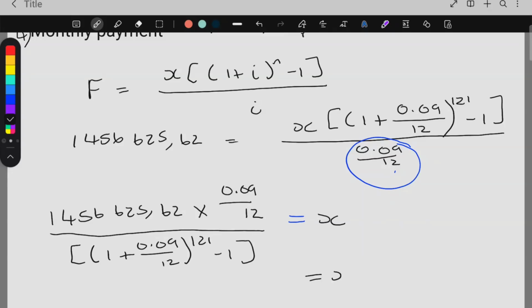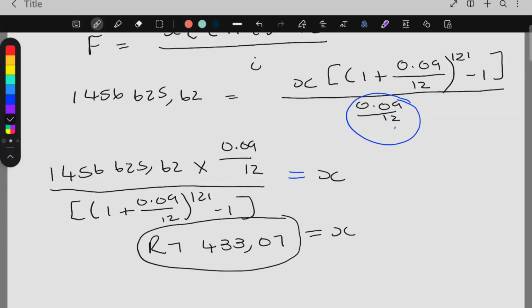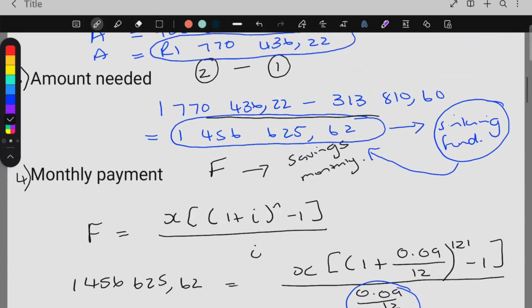And I put all of that in my calculator. And I get my monthly payment to be 7,433.07. So this is how much the company must put into that sinking fund monthly to eventually save this amount that they need in their sinking fund.